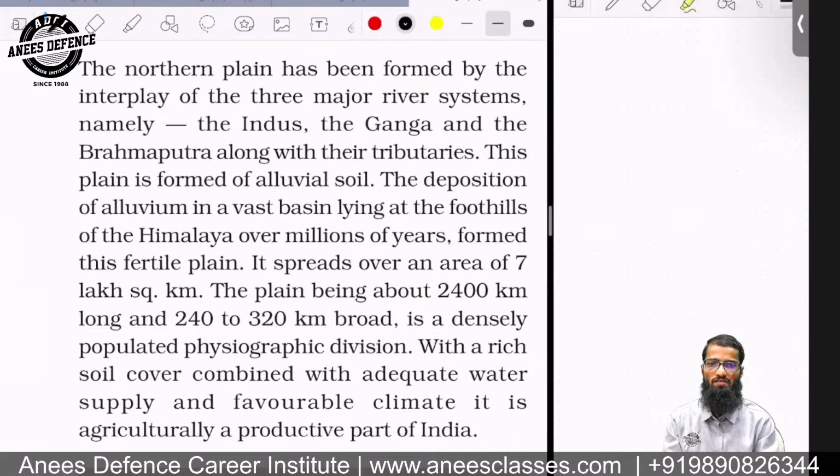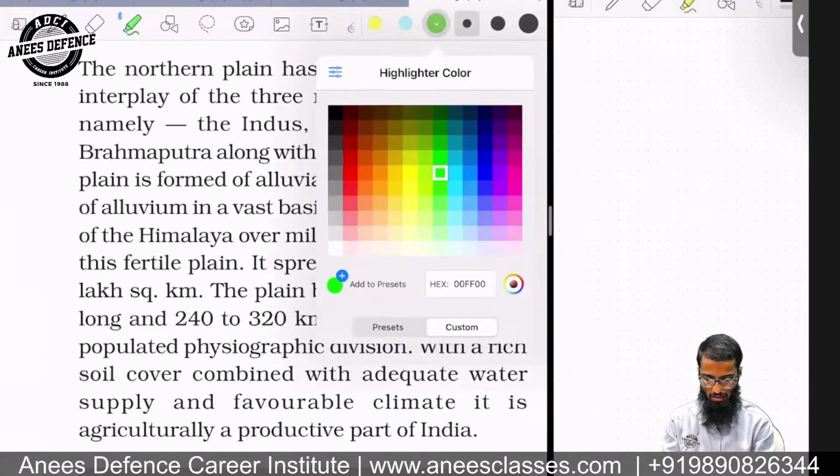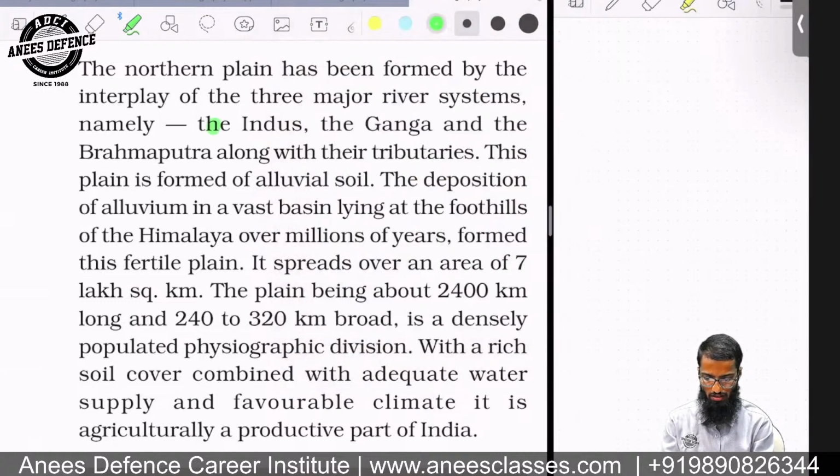Northern plain has been formed by the interplay of three major river systems: Indus, Ganga, and what? Indus, Ganga, and Brahmaputra. These three, along with their tributaries. This plain is formed of alluvial soil. We have alluvial soil here.